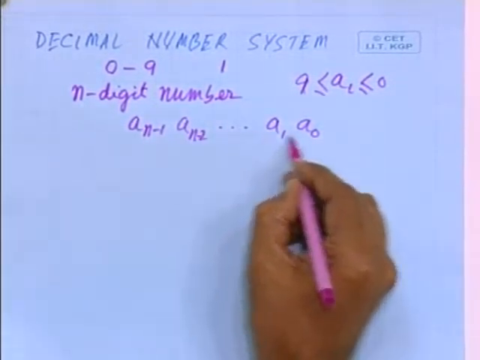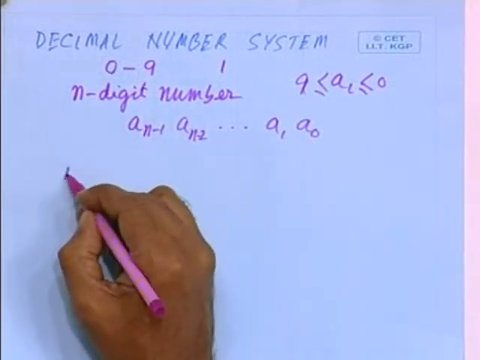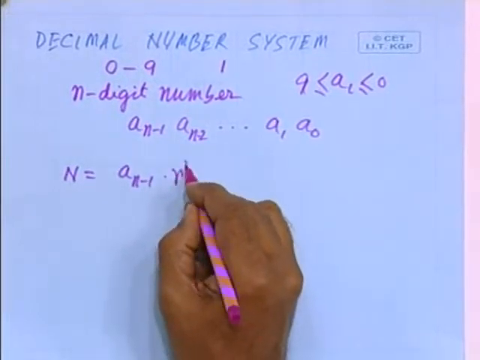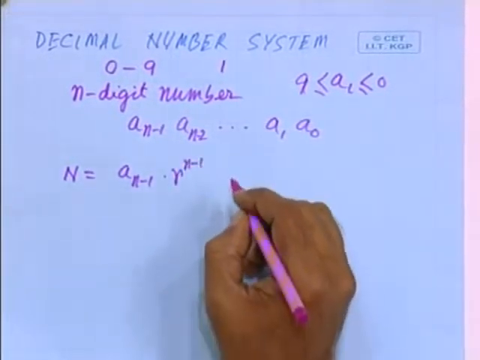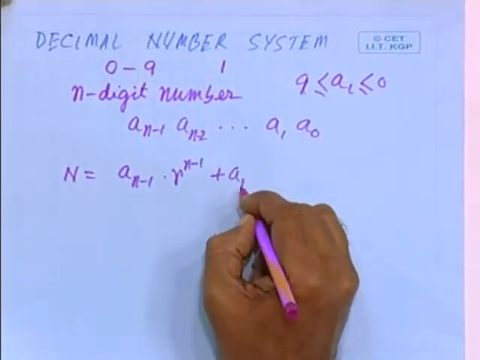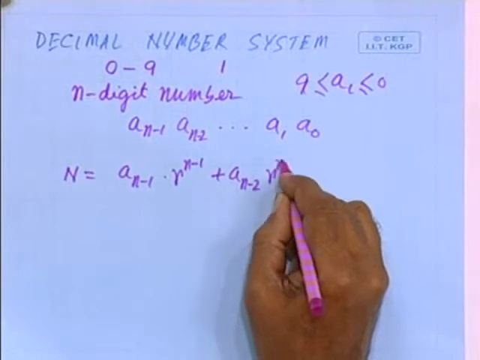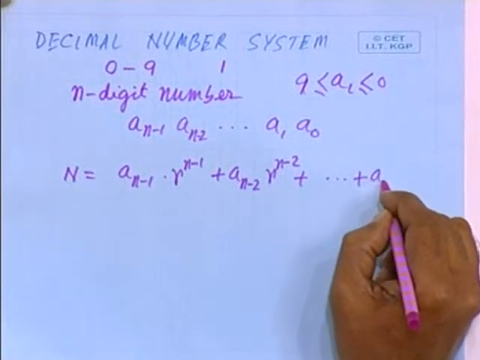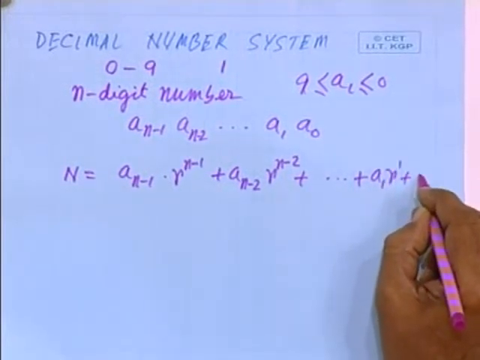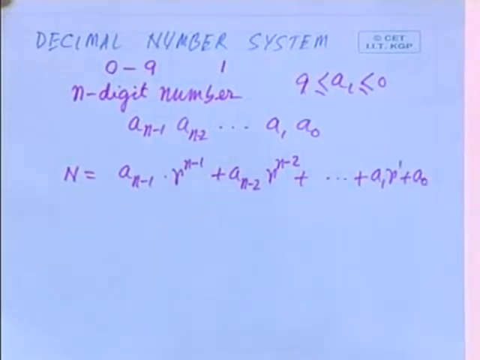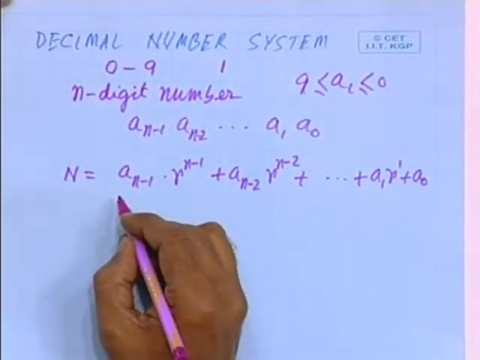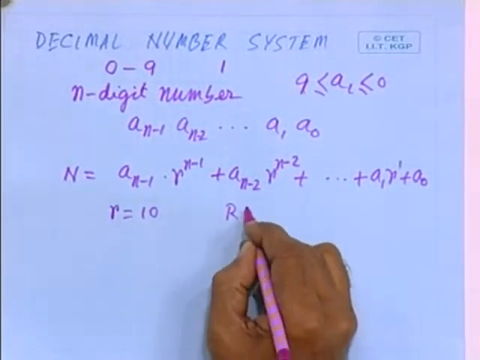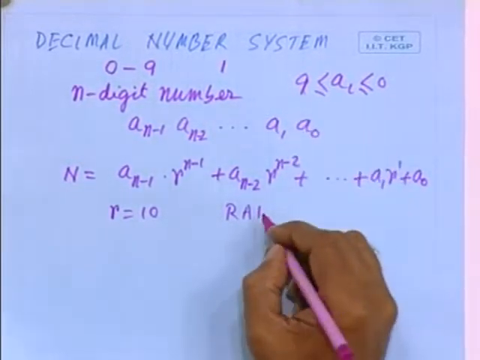Now, how is the value of this n digit number calculated? N is equal to a(n-1) into r to the power n minus 1 plus a(n-2) r to the power n minus 2 plus dot dot dot plus a1 r to the power 1 plus a0. Here the value of r is 10, which is known as the radix of the number system.